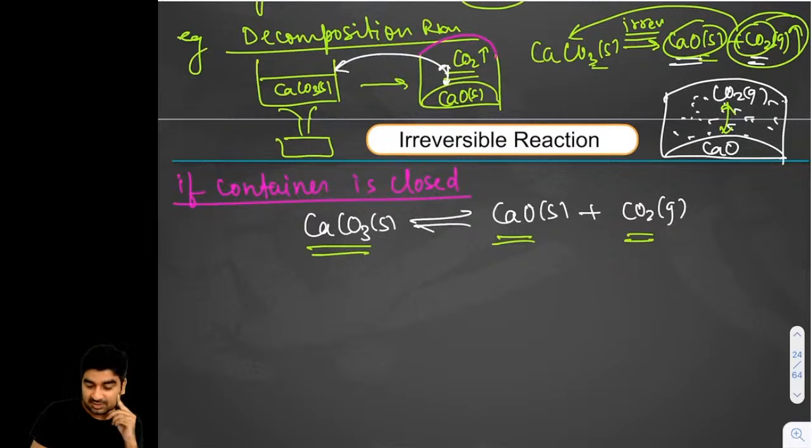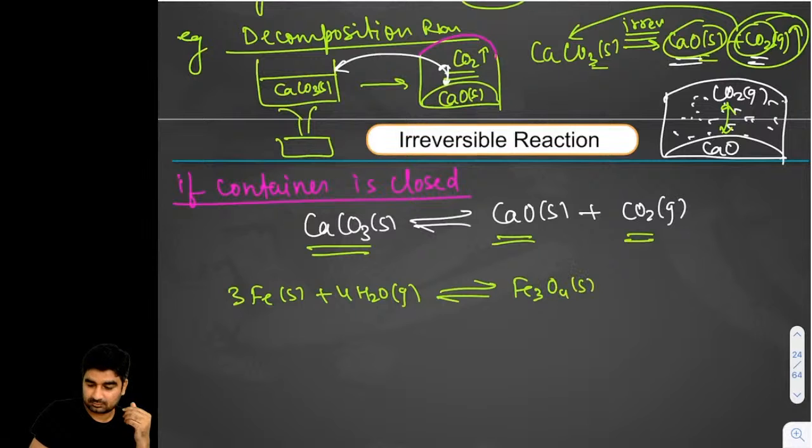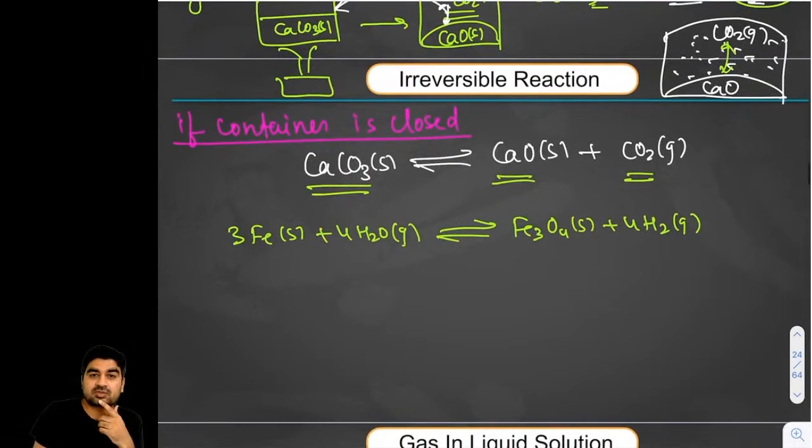Okay, similarly you can take one more case. Three Fe solid, you will be getting. So guys, what is going on?